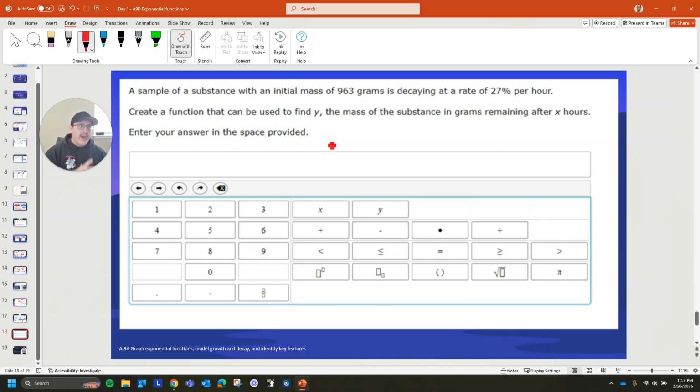Okay, so here's another type of problem where you actually have to create the equation yourself. Again, if you would like, go ahead and pause the video and try this problem on your own based off of what we just learned. Otherwise, I'm just going to show you.